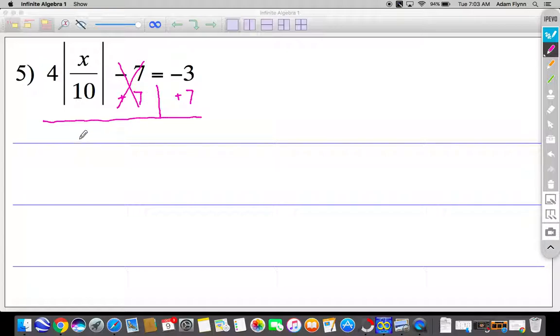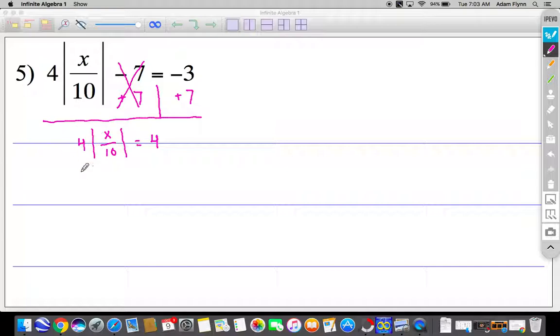So we end up getting 4 times the absolute value of x over 10 equals negative 3 plus 7, which is positive 4. So now we have to deal with this 4.